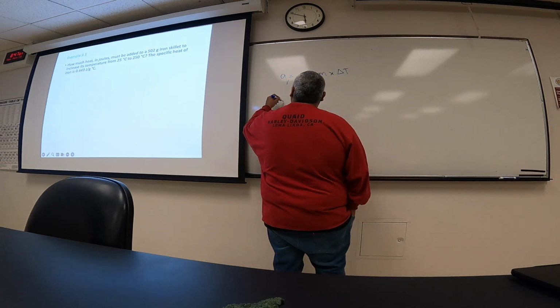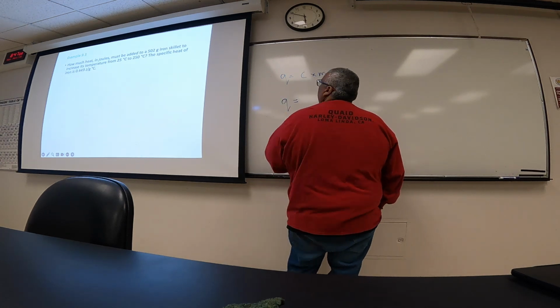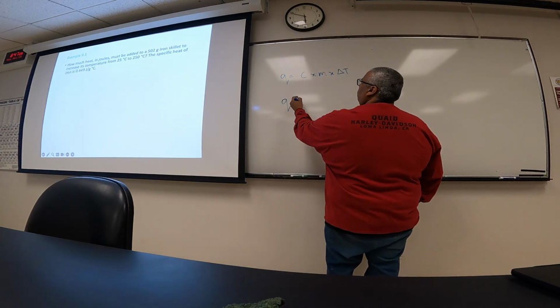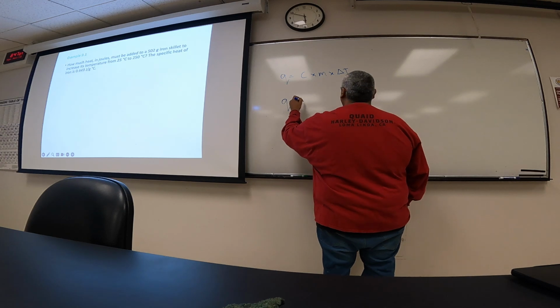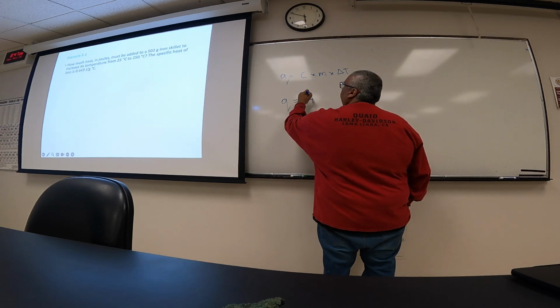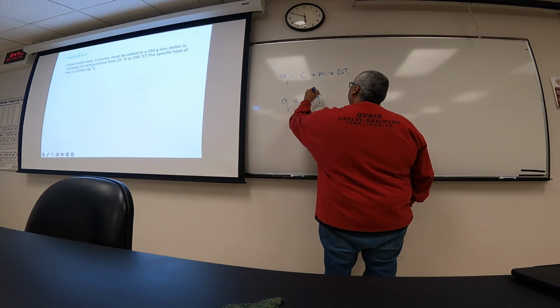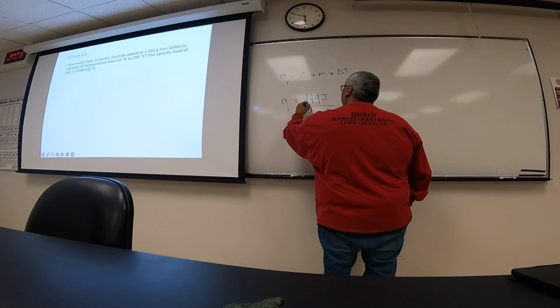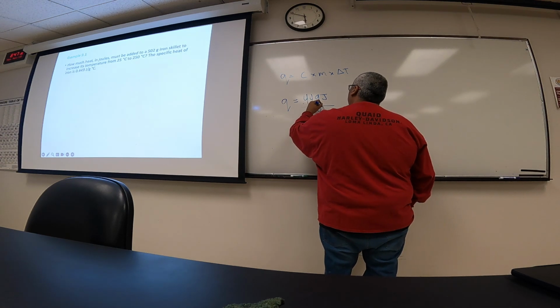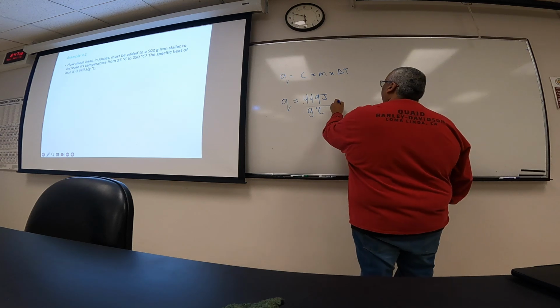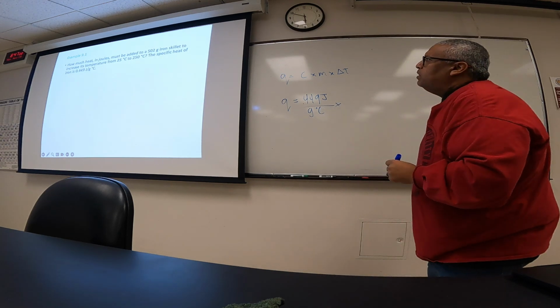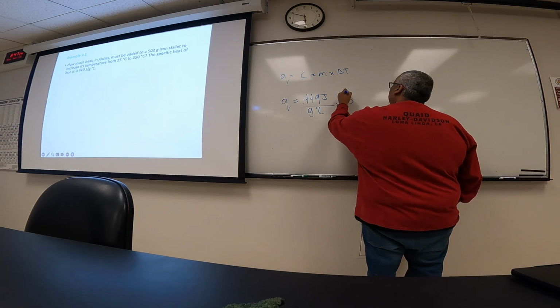So how much heat? The specific heat is 0.449 joules per gram degree Celsius. The mass of this iron skillet is 502 grams.